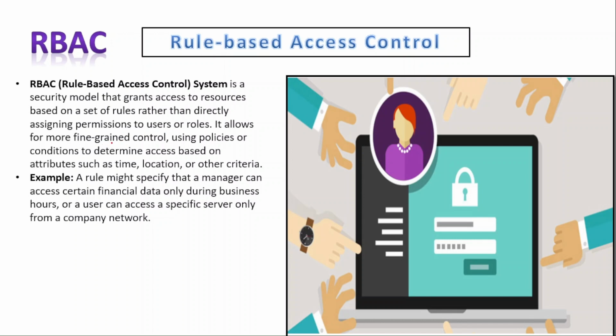It allows for more fine-grained control, using policies or conditions to determine access based on attributes such as time, location, or other criteria. Example, a rule might specify that a manager can access certain financial data only during business hours, or a user can access a specific server only from a company network.